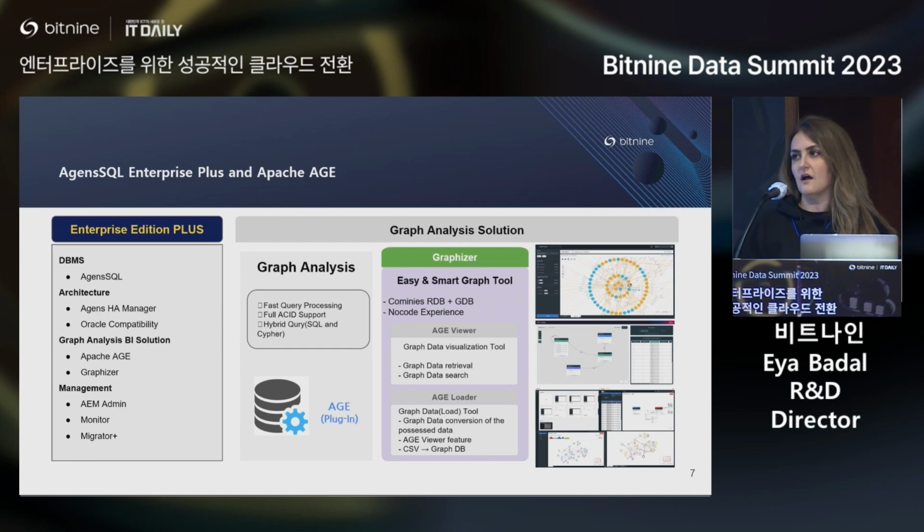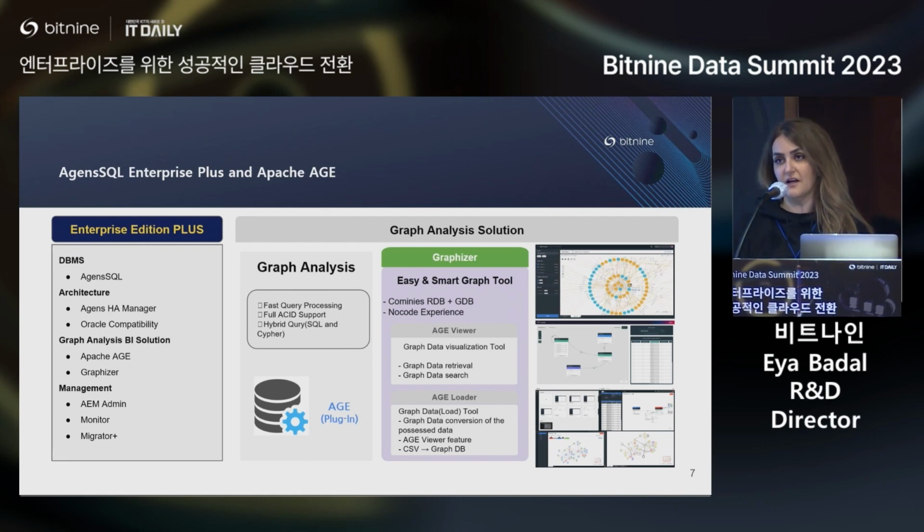All right, let's unpack what's in the Plus edition. On the left, as you can see in the slide, we have the DBMS, which includes our core database management system, AgensSQL. When it comes to the architecture, we offer the robust Agens HA Manager and ensure Oracle compatibility.